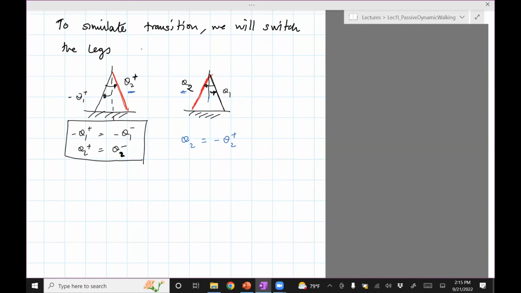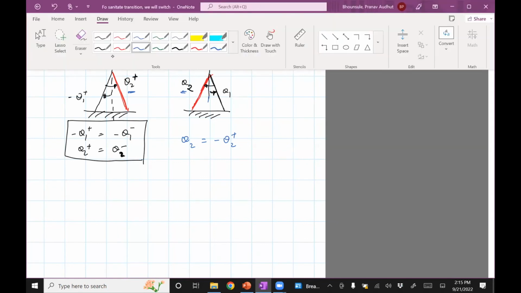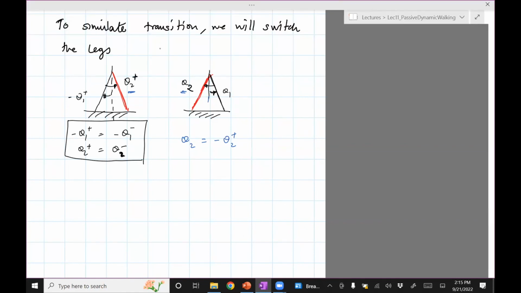Okay, the other one we can figure out by, let's see. So let's figure out this angle. You can see that angle is theta2 positive, which is in the direction shown. And then theta1, negative theta1 positive, is clockwise.